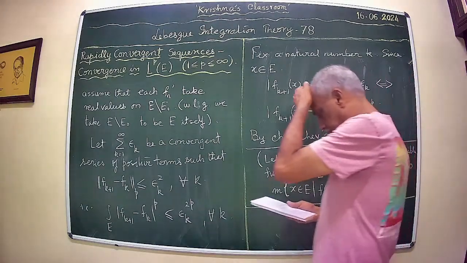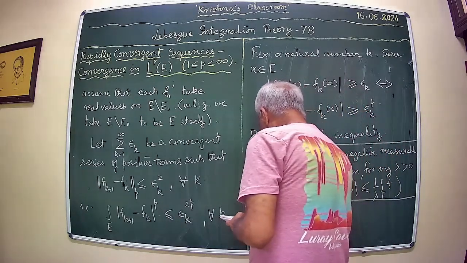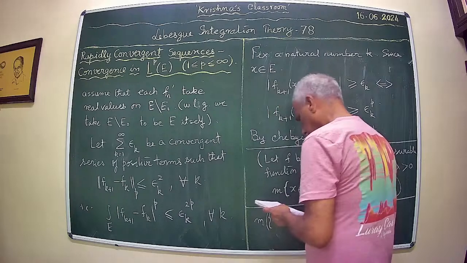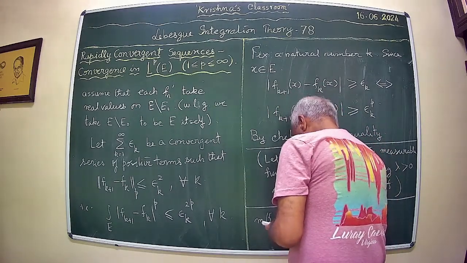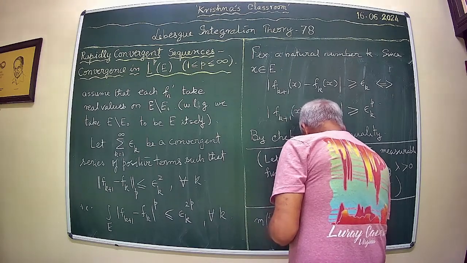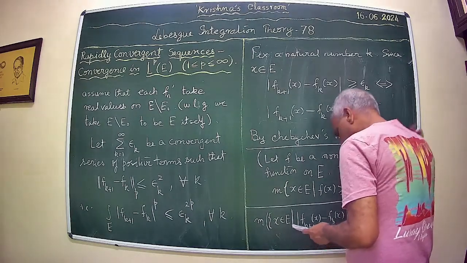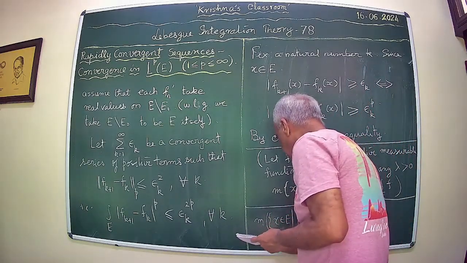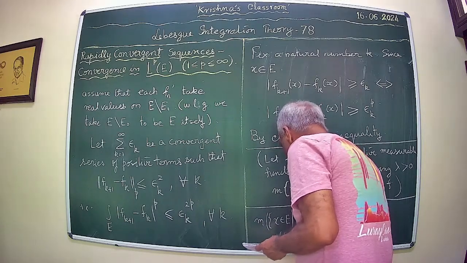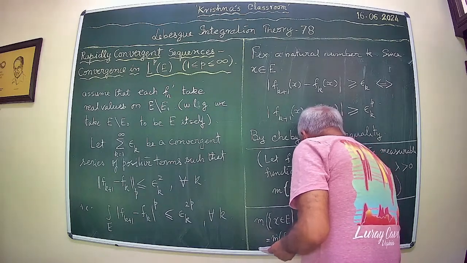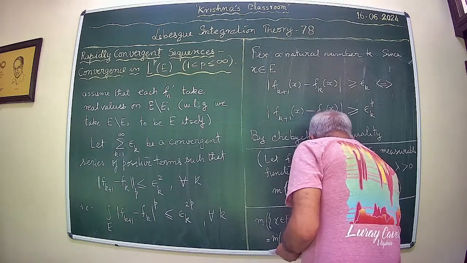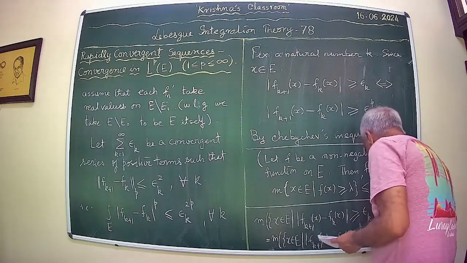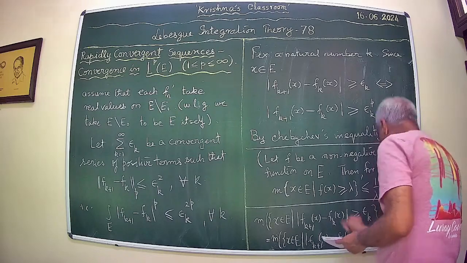So by Chebyshev inequality, we have measure of the set, which is equal to measure of these are the same sets.